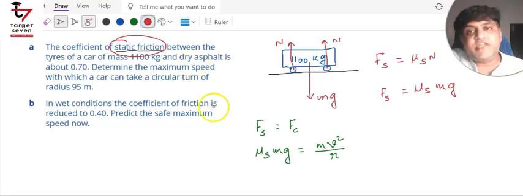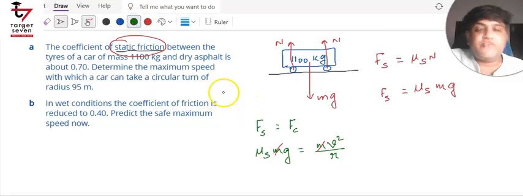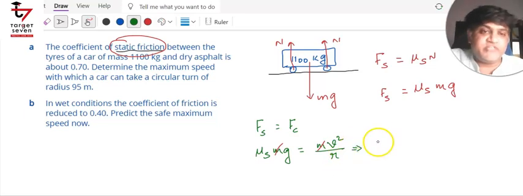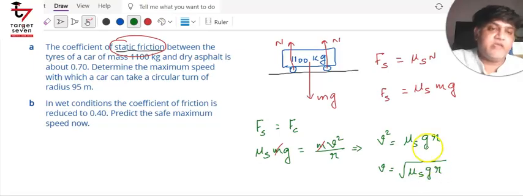Now, needless to mention, I will be able to strike off the mass on either side, indicating that the mass of the body does not play a role in this particular scenario. Now, from this particular equation, we can write v squared to be equal to mu s into g into r. Alternatively, v can therefore be determined by the square root of mu s into g into r.